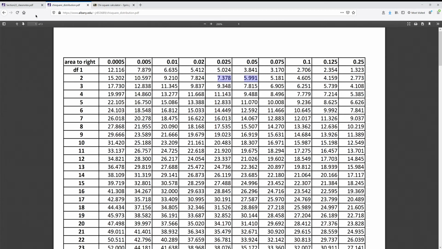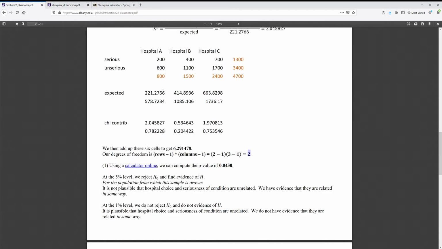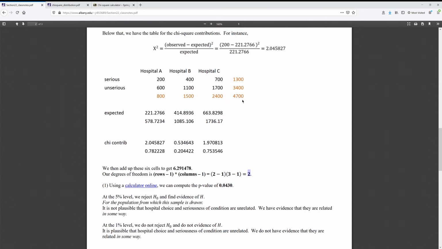So there's our answer. If which hospital you go to and whether you're in serious condition or not have nothing to do with one another, then when we pick 4,700 people of these red varieties, we would get counts as out of alignment with the ideal as we did between 2.5% and 5% of the time.